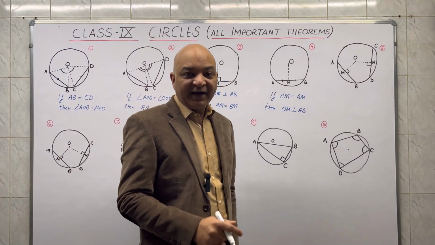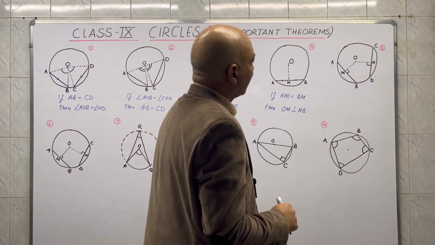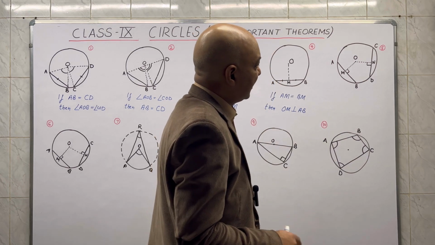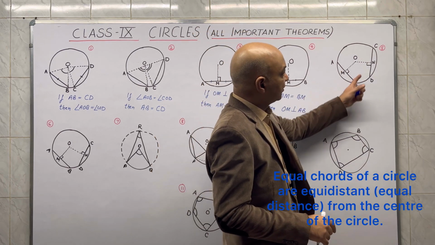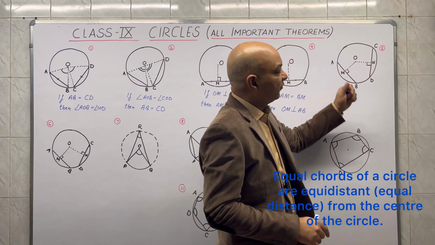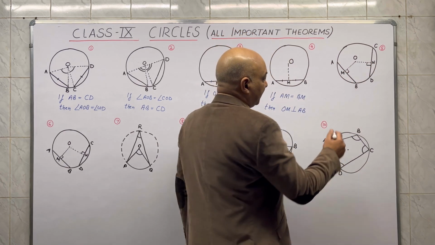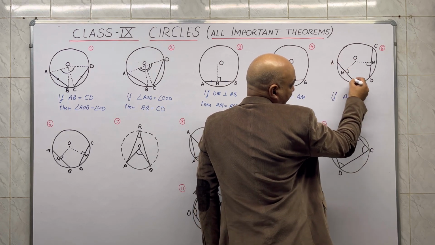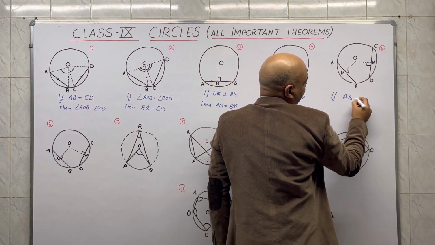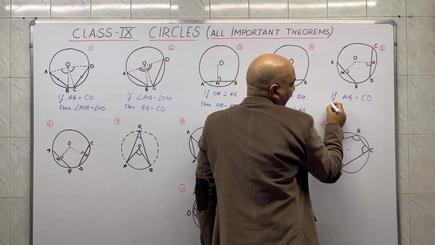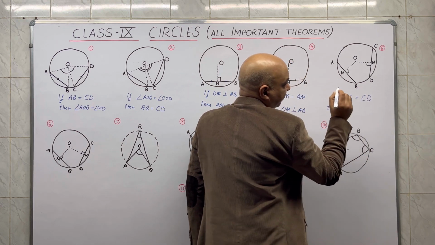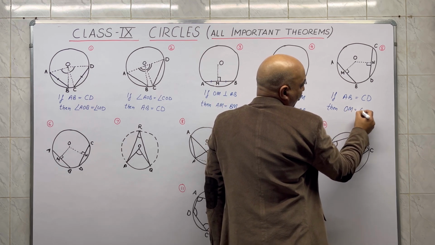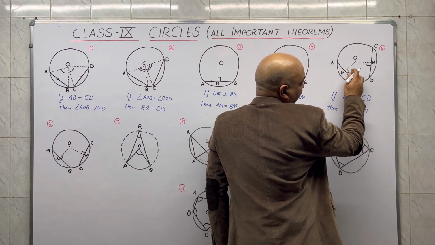Okay, moving ahead, theorem number 5. Again, it is a very important theorem. It states that equal chords are equidistant from the center. That means if I am given two chords AB and CD to be equal, then they are equidistant from the center, that means OM is equal to ON.